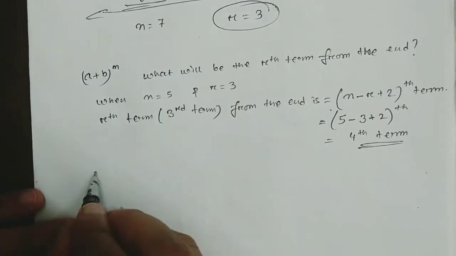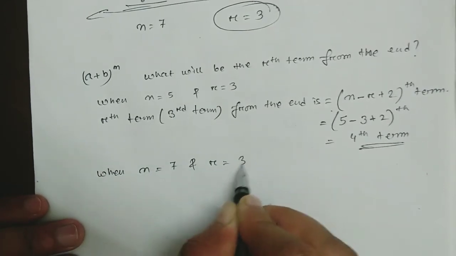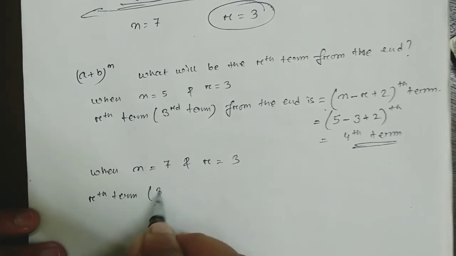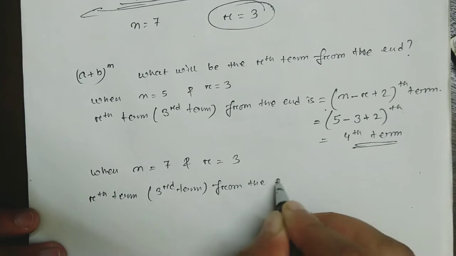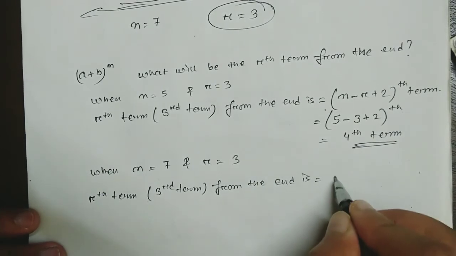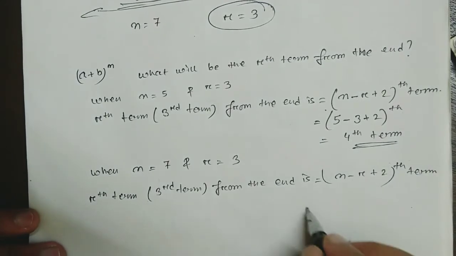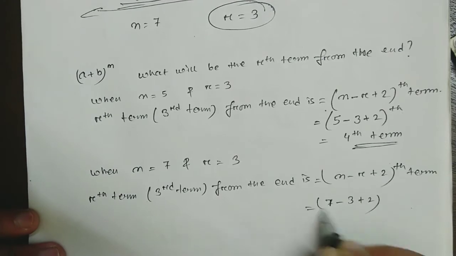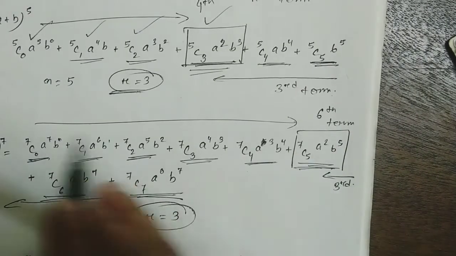Okay, let us test it for when n equals 7 and r equals 3. The rth term, or the third term from the end, is equal to, same formula let us write, n minus r plus 2th term. Put 7 in place of n and 3 in place of r: 7 minus 3 is 4, 4 plus 2 is the 6th term. See, it was the 6th term from the beginning.